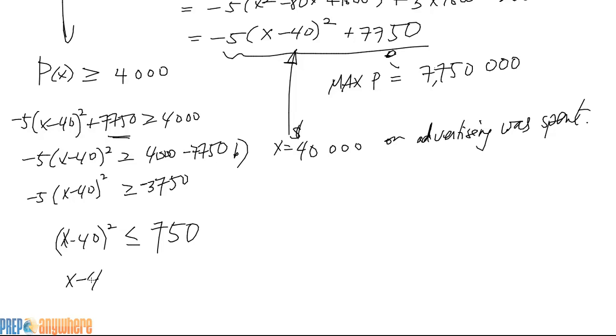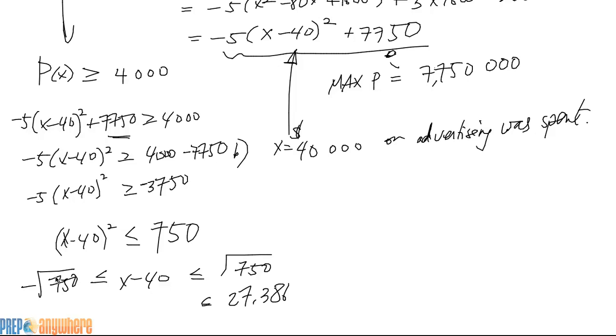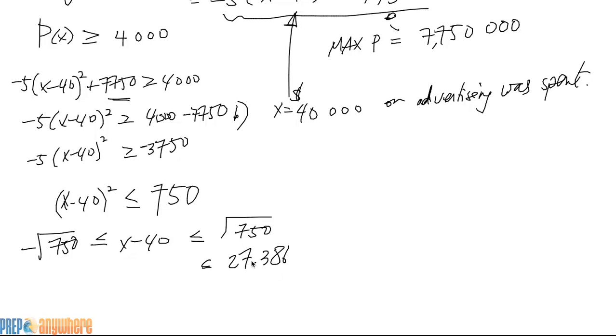Then x minus 40. By this inequality, we actually know that this is going to mean it's in between the square root of 750 and minus the square root of 750. So that's approximately 27.386 and minus 27.386.